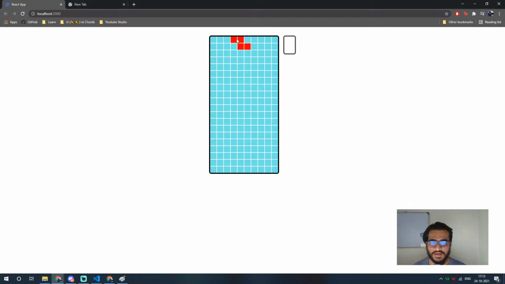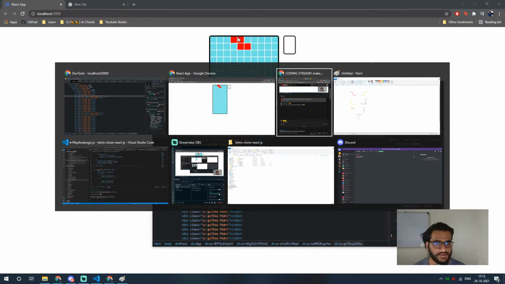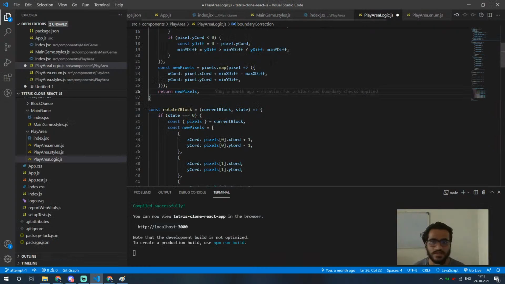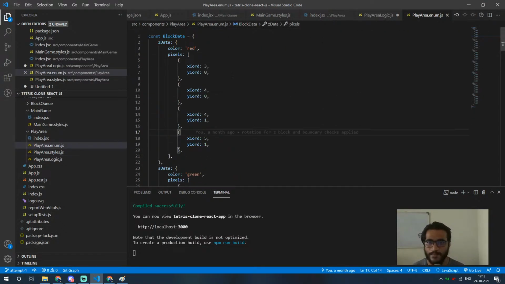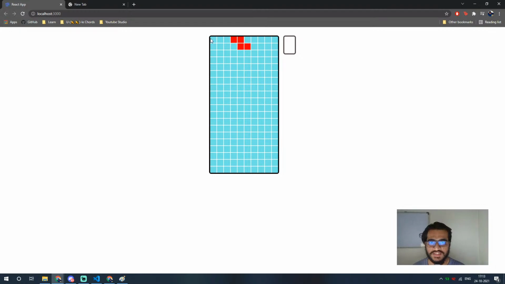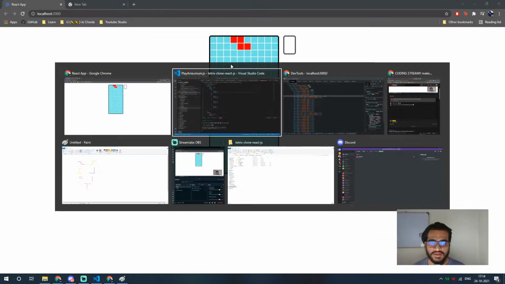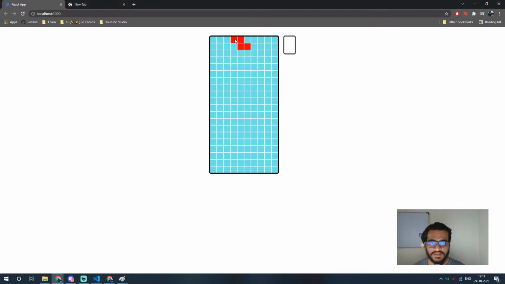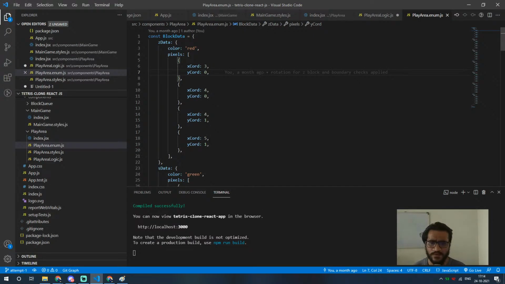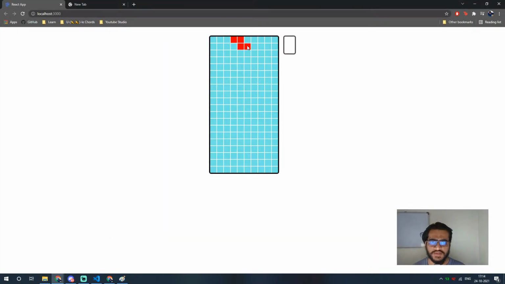So for now, first we have to figure out what the value should be. Right now the values are 3 0 for this pixel, which is 0 1 2 3, and on the y-axis 0, so 3 0, and then 4 0, then 4 1, and 5 1, 4 1 and 5 1.